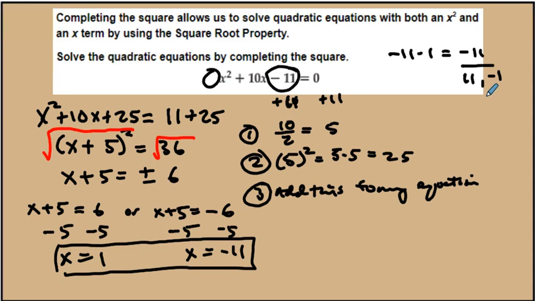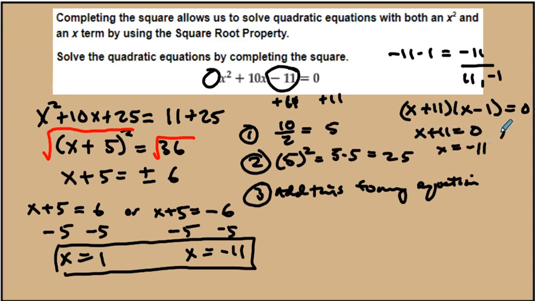When I put those in, I get x plus 11 times x minus 1 equals 0. Then x plus 11 equals 0 means x is negative 11, and x minus 1 equals 0 means x is equal to 1, which are the solutions we got.